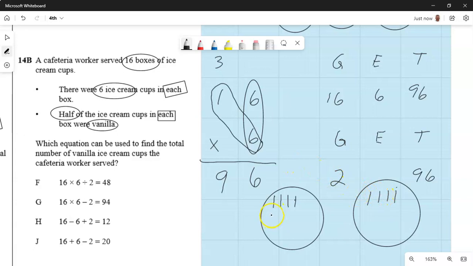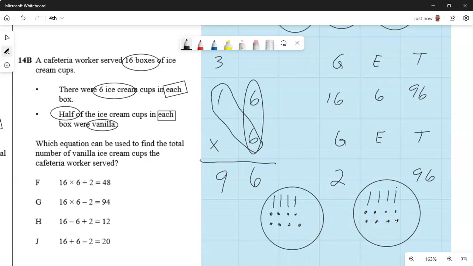So I'm at 80. That's 81, 82, 83, 84, 85, 86, 87, 88, 89, 90, 91, 92, 93, 94, 95, and 96.